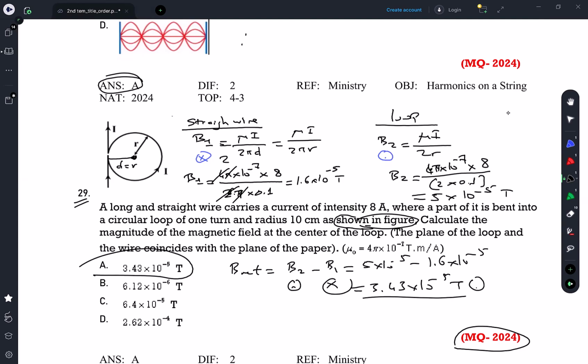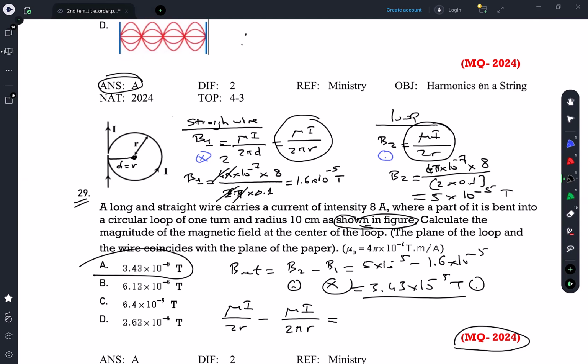And one by one, you can calculate them. Also, sometimes it is better, if you are good at mathematics, to subtract these two this way. Of course, mu I over 2R is the magnetic field of the loop, the greater one, minus mu I over 2 pi R, the magnetic field of the straight wire.